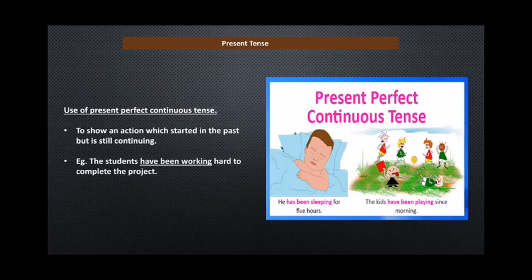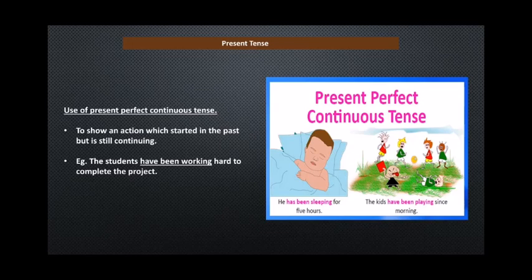So if you remember the first point that we learned, that is have plus been plus the present participle. So here we have been working as the present perfect continuous tense.